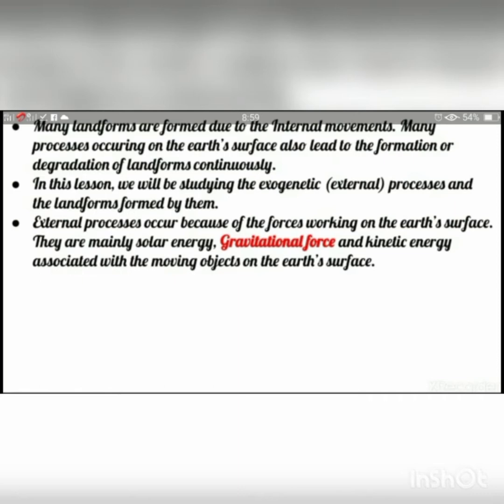Erosion takes place because of the wind, on the earth's surface, when the wind is blowing fast, and the materials are eroded. We can also take another example of a river. When a river flows, it carries not only water but also sediments, sand and mud. So the river on the earth's surface is an exogenetic process.